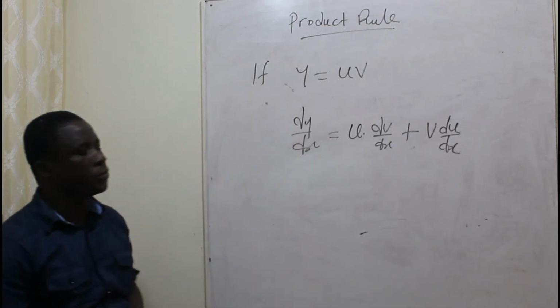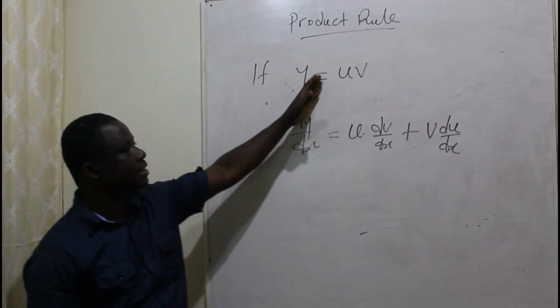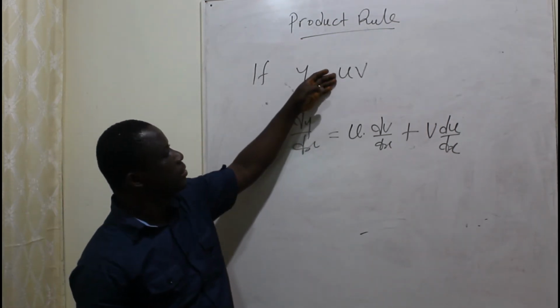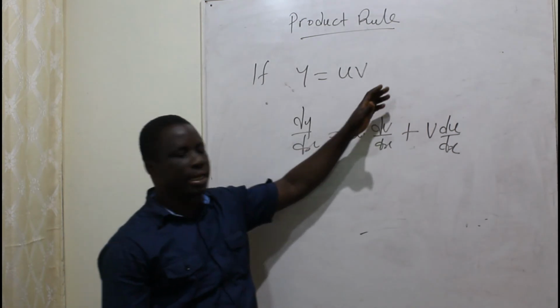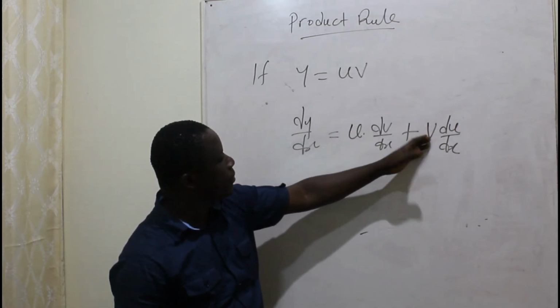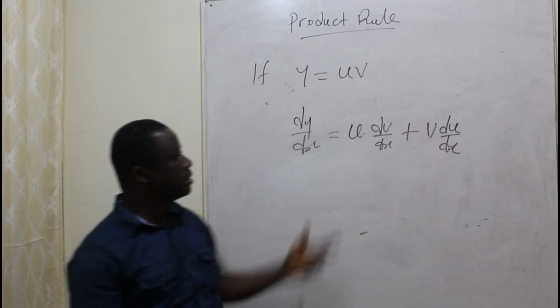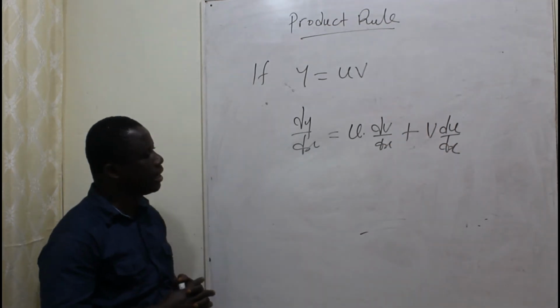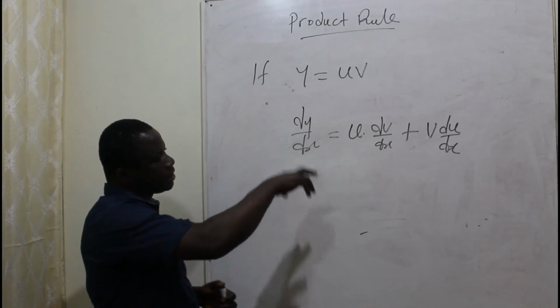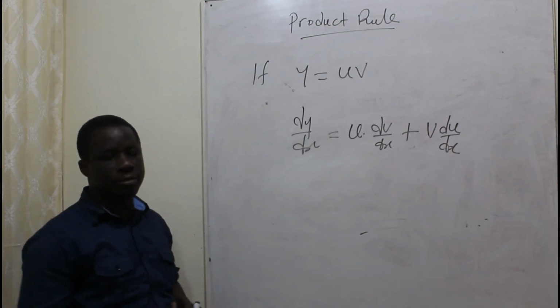That is the product rule. You maintain one function, you differentiate the other, then later you maintain the one you have differentiated, then you differentiate the one you didn't differentiate earlier. So maintain, differentiate, and then maintain. That is the product rule.